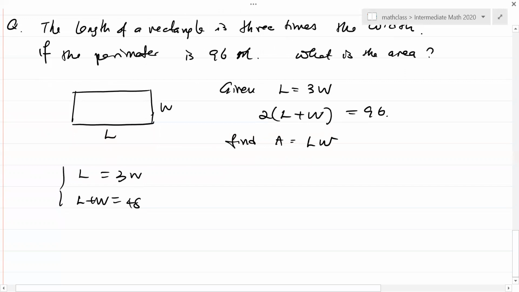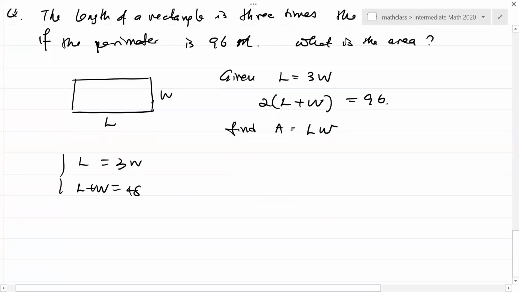So from here you can solve for W. Since L is going to be 3W, use the first equation to simplify the second: 3W plus W equals 48, 4W equals 48, W equals 12.